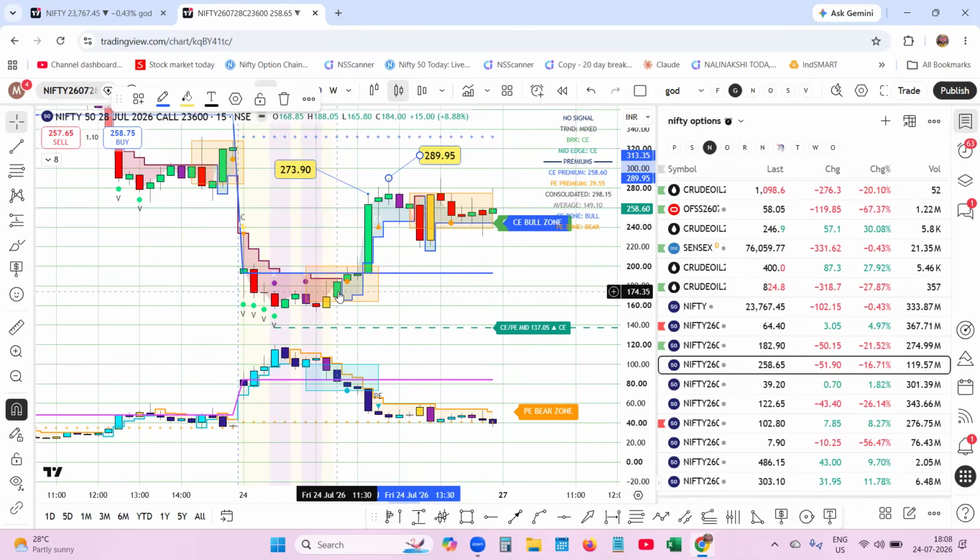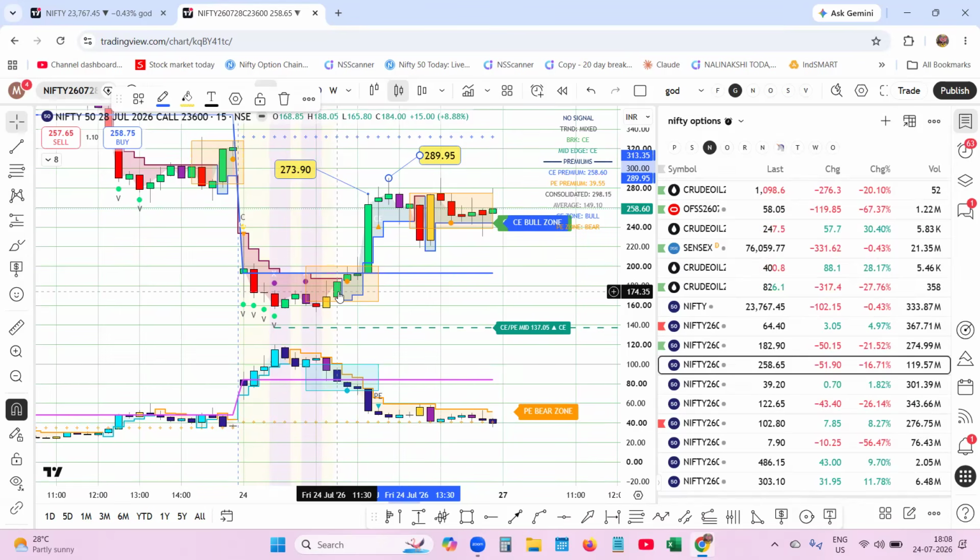You need not keep watching the underlying chart. Both the premiums are speaking to you. That means the underlying will move higher. It started telling you that you could have taken that. Apart from that, this is hack number 2, friends.